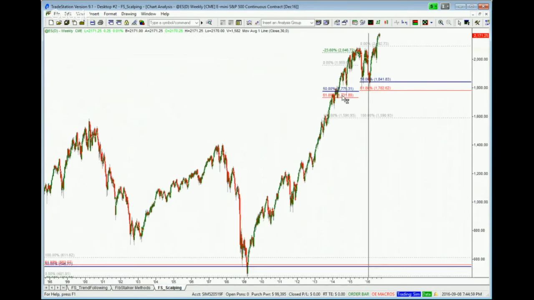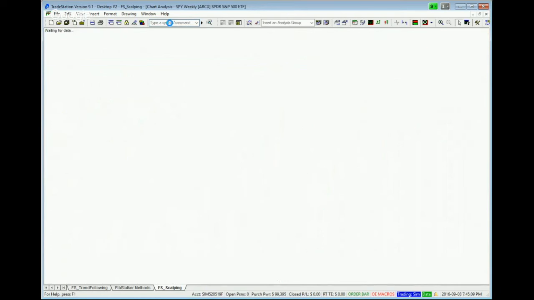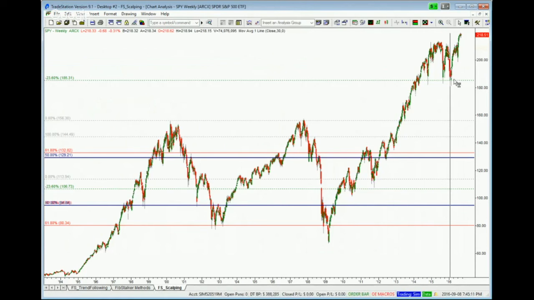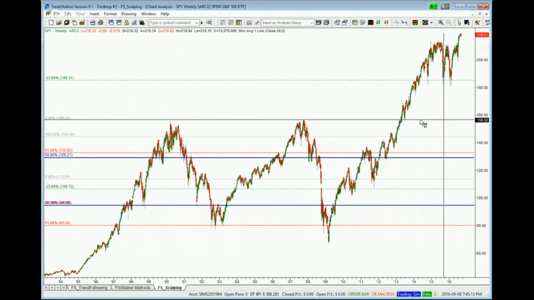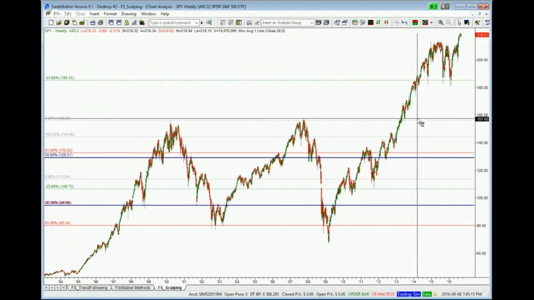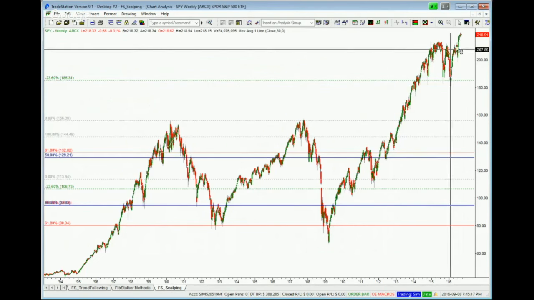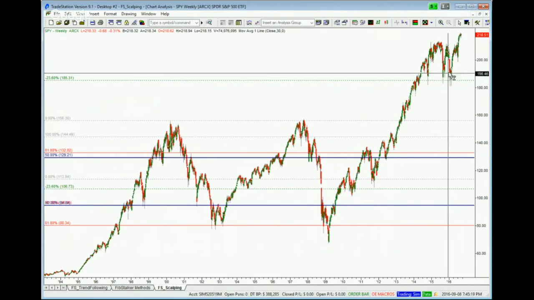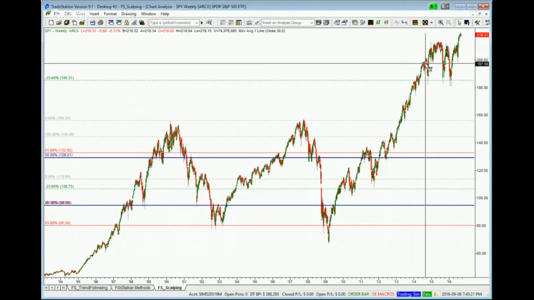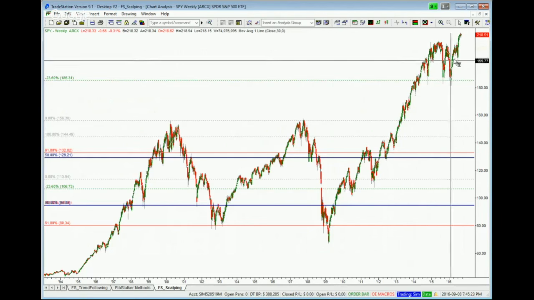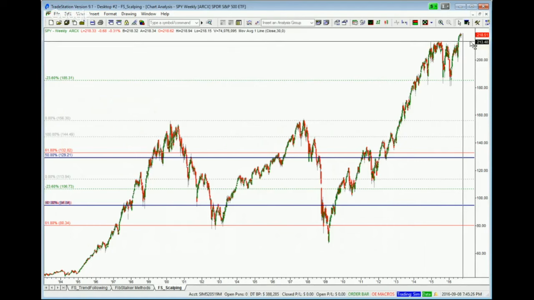And when we look at the weekly, you can clearly see this is the futures, so it's a little bit skewed because of the effect of the continuous contract. But you can clearly see that in 2013, the market continued higher. Then it had a one-year pause, 2015 here, and then it kept moving higher.